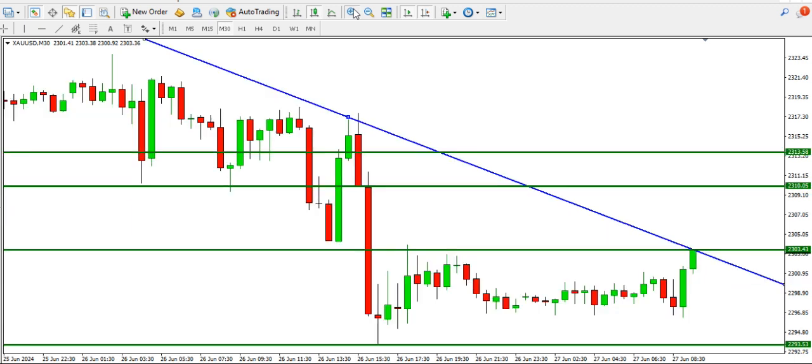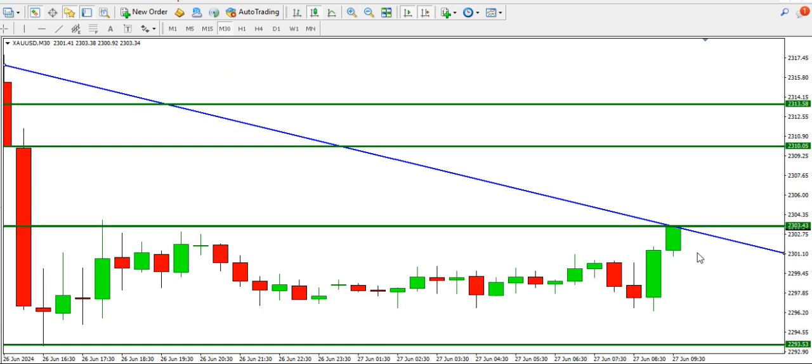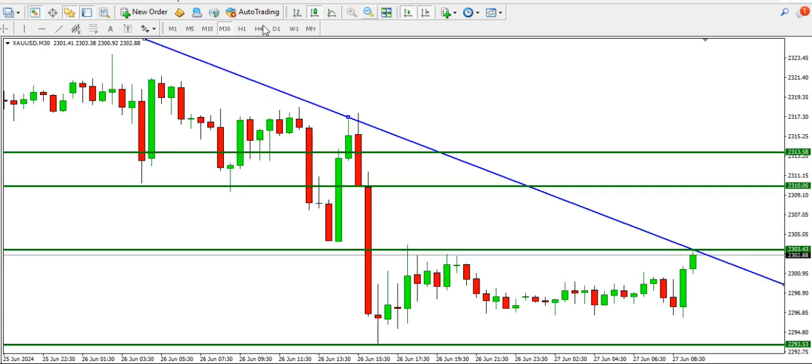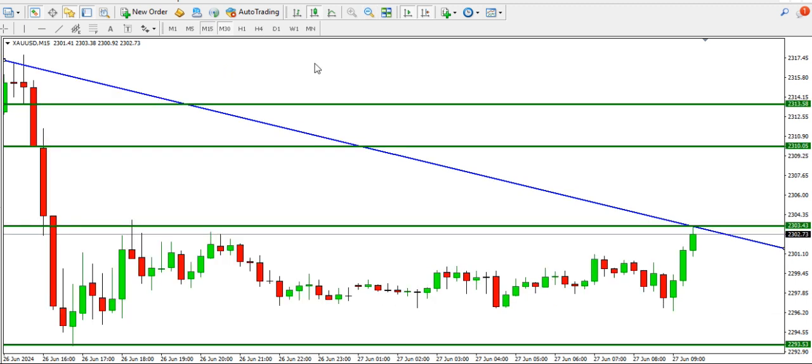Price is currently at the resistance. A break above this might see price push further up. So on the 15 minutes time frame, price is still ranging at the range top. If price drops, it might likely drop to the range bottom.